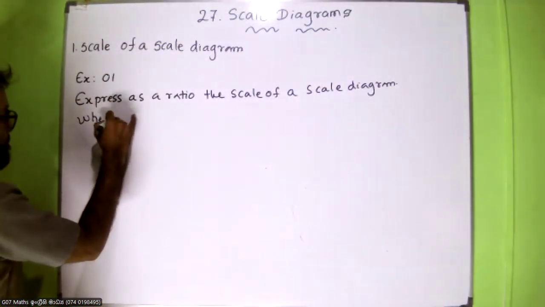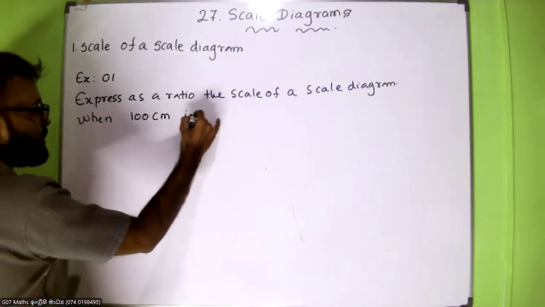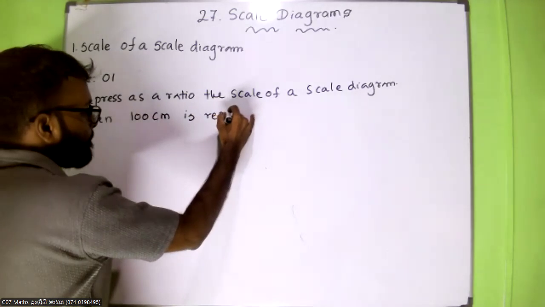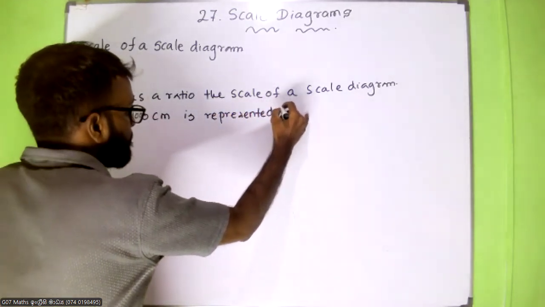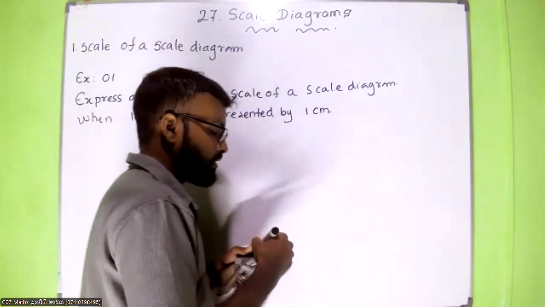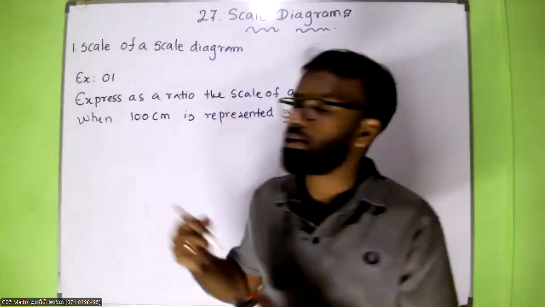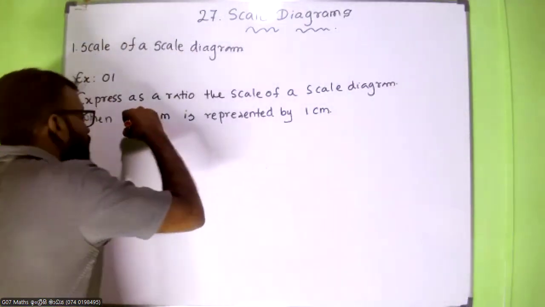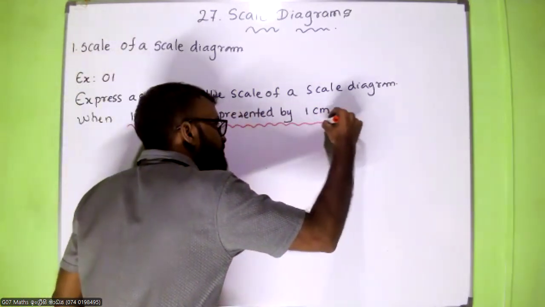The most important part of this example is this one: 100 centimeters is represented by 1 centimeter.